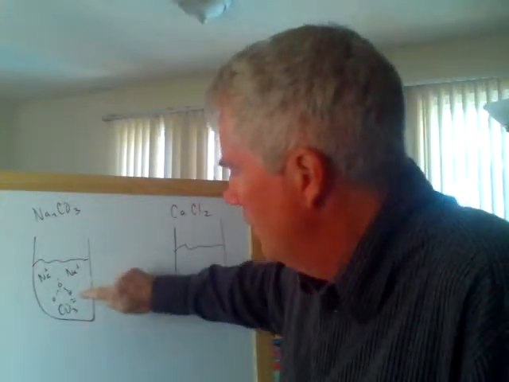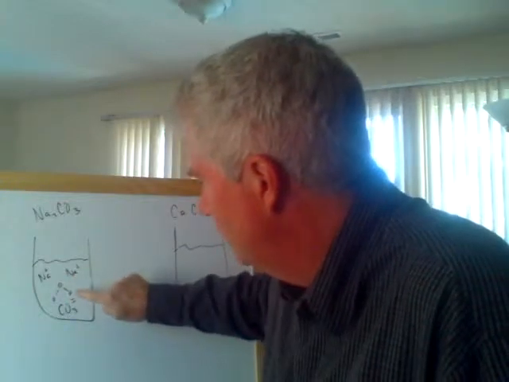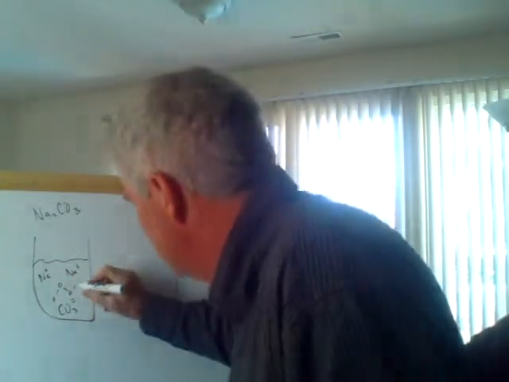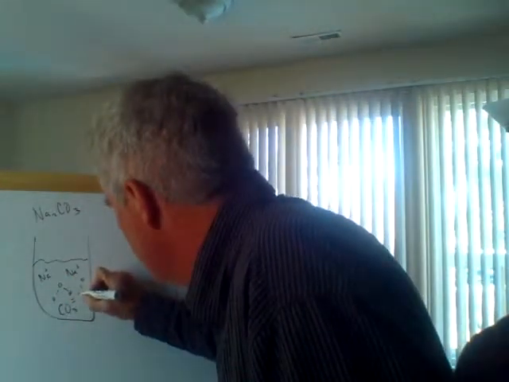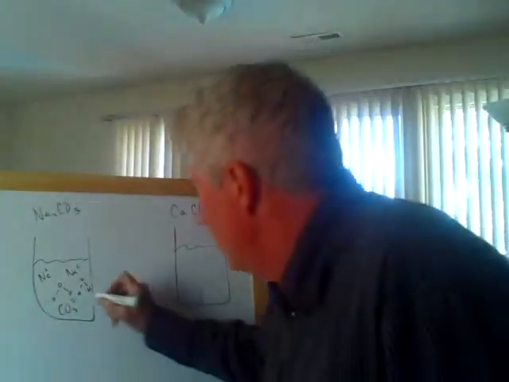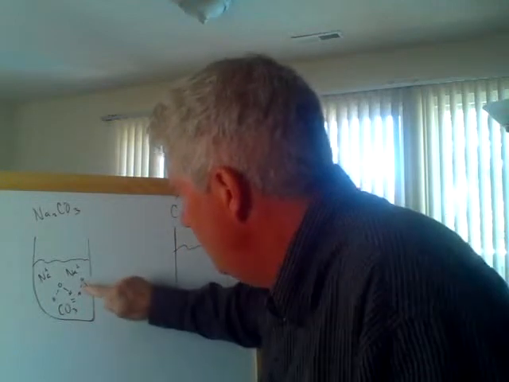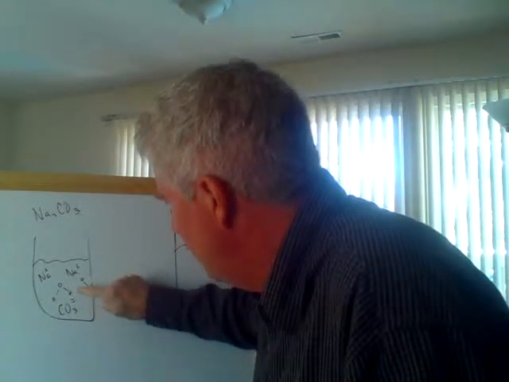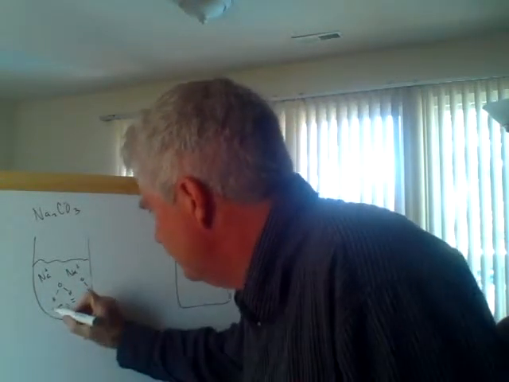And in fact, you'll even see in a solution like this some waters. I'll draw another one here. Hopefully you can see that okay. You'll see that even in the water, sometimes one of these H's will even go away.